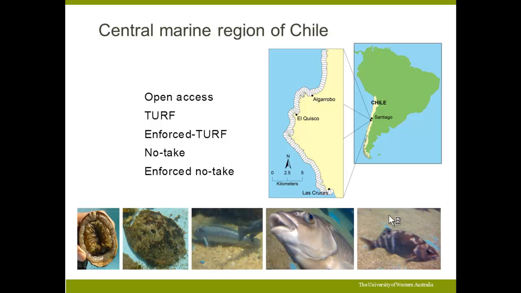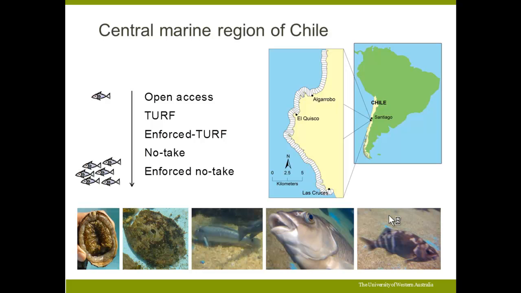From a study done in 2012, also in Conservation Biology, by Gelcich et al., we know that there's very high levels of species abundance in these enforced no-take zones, as you might expect. What this analysis also found, again as you would expect, is that there's very low levels of abundance in these open access areas. As I mentioned, these areas in Chile have very heavy fishing pressure. There's not a lot left.